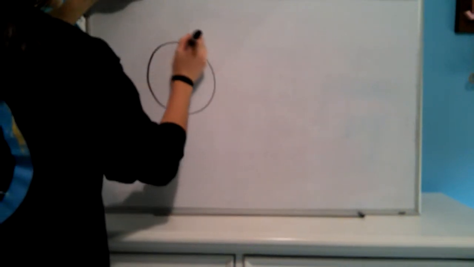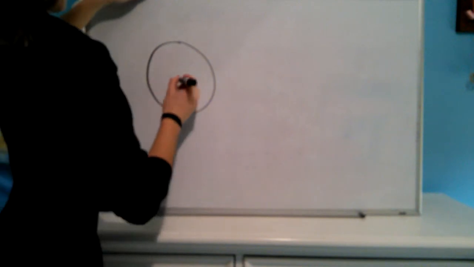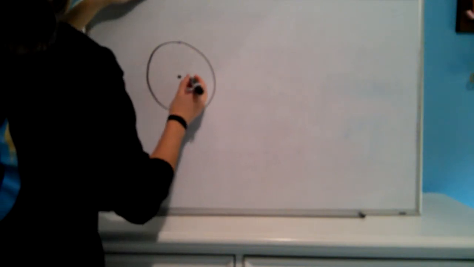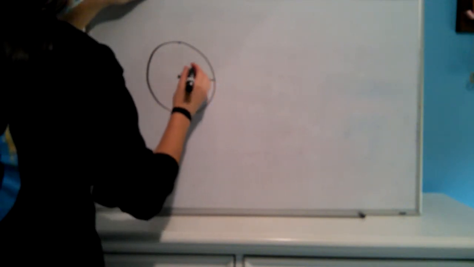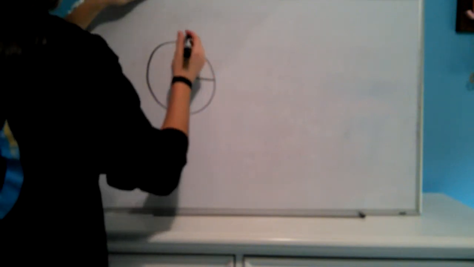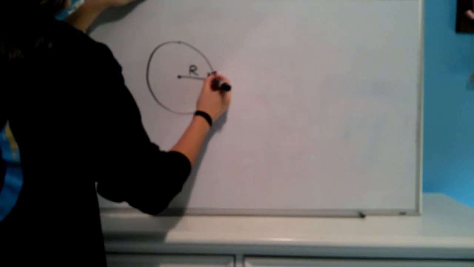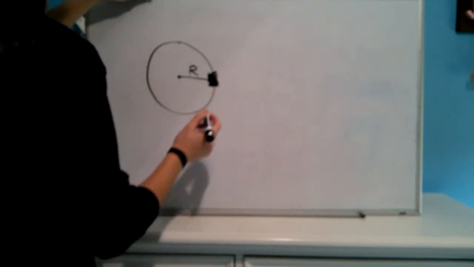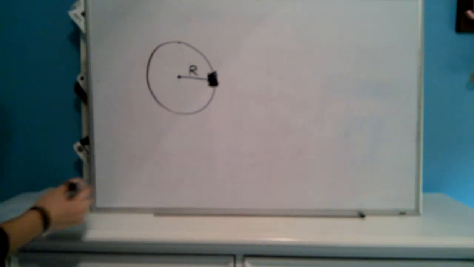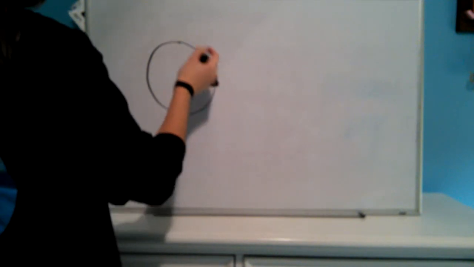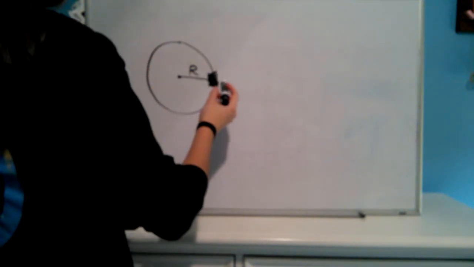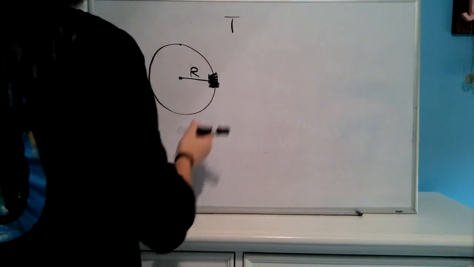This one is just a fairly simple problem, no actual numbers to work with. Center of our path, we have a string and it tells us that our length is r. I'm going to say our object is right here. The time it takes for an object to get all the way around the circle is just t.